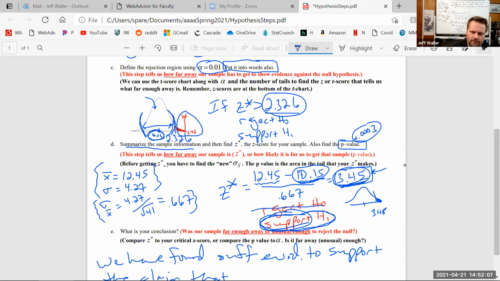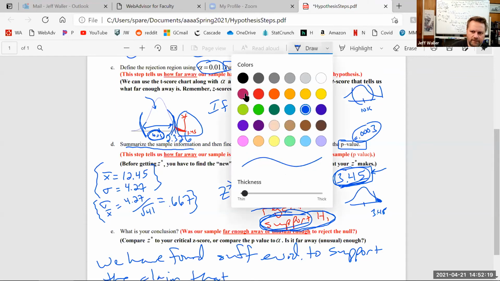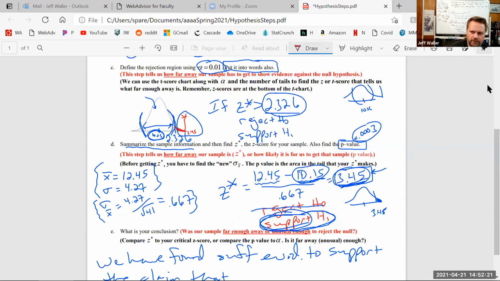If we think the middle is around 10.15 and we get something up here, that is evidence that that's not the right middle. That is evidence that the picture really looks more like this, maybe, where the mean is higher. Is this evidence that the mean is 12.45?